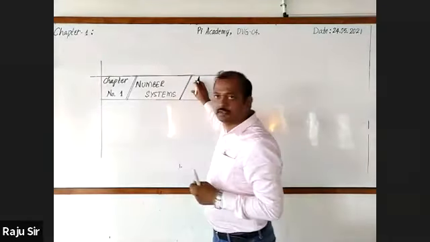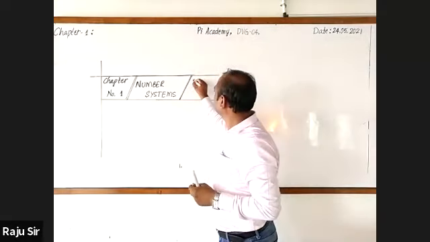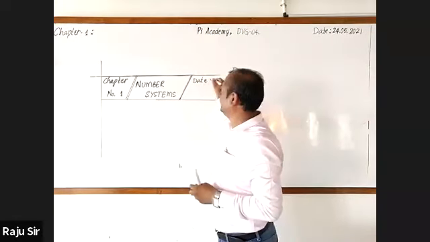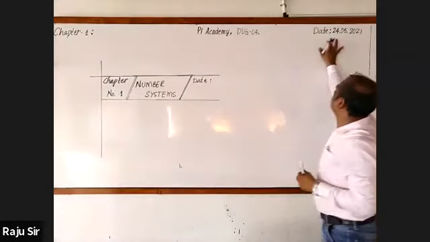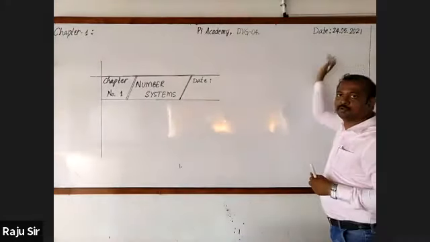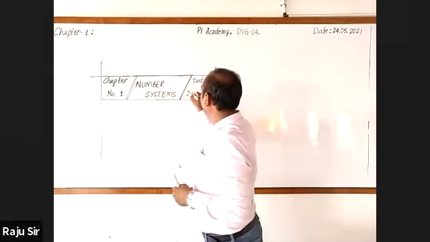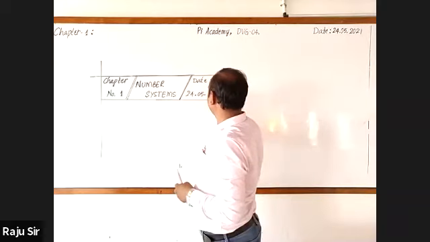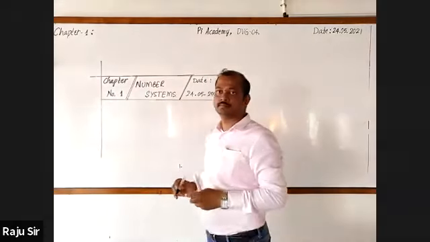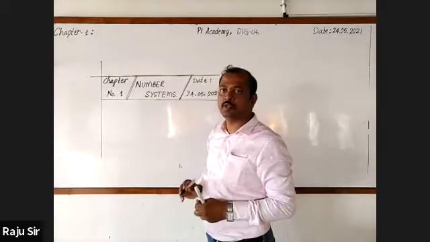Next, in the third column, it is the date. Write today's date: 24/5/2021. Hope that you have written.